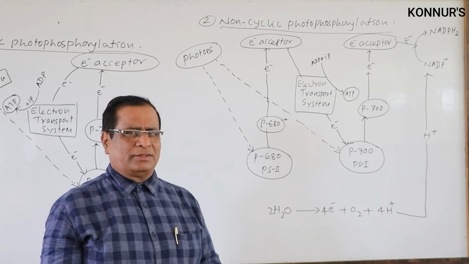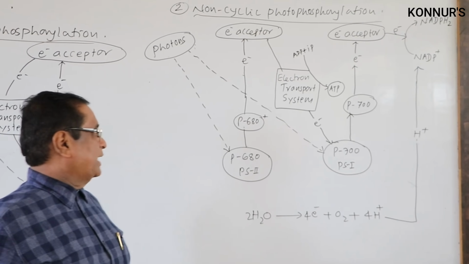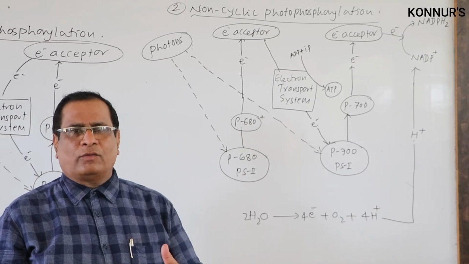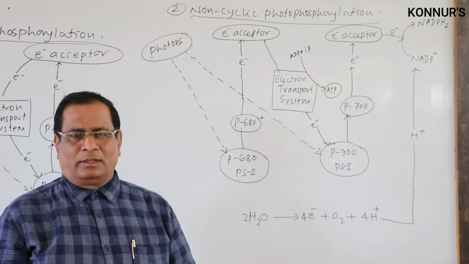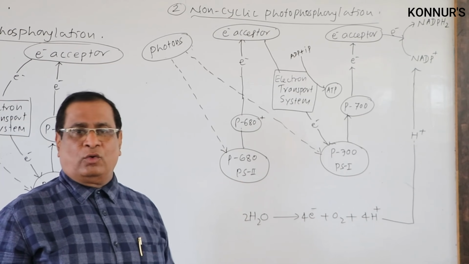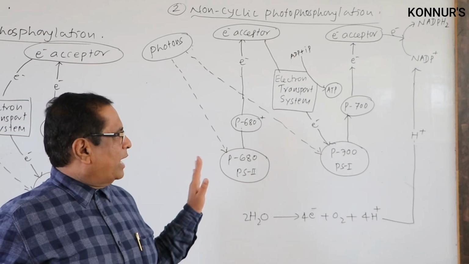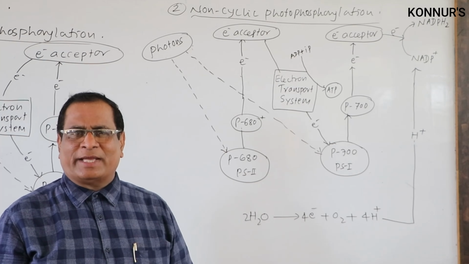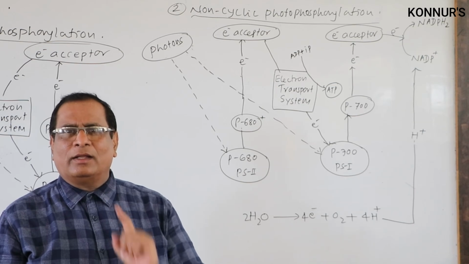Just now I mentioned the definition for non-cyclic photophosphorylation. The ejected electron from the excited chlorophyll molecule passes through many electron acceptors, but it never comes back to its own chlorophyll molecule.